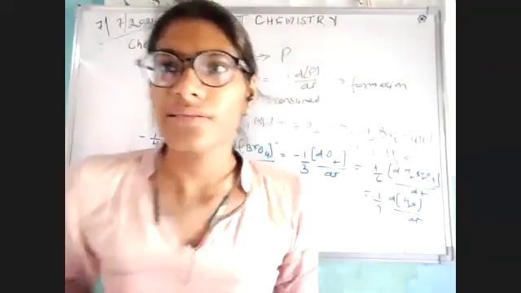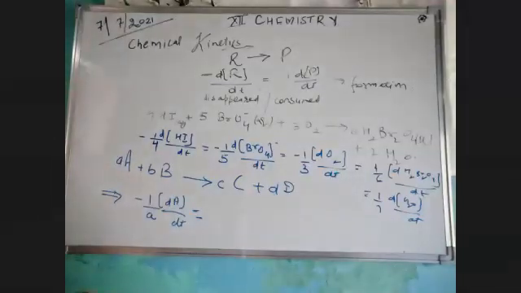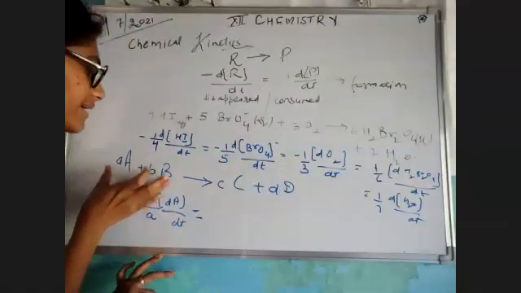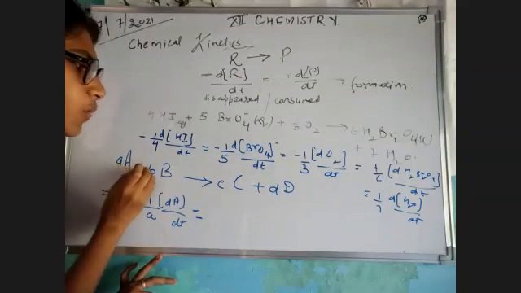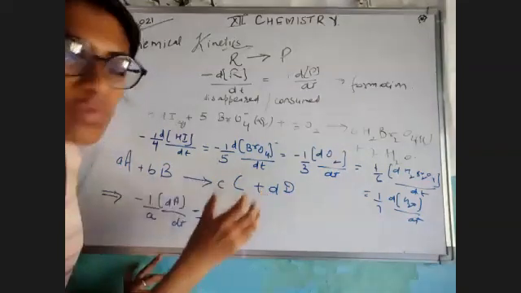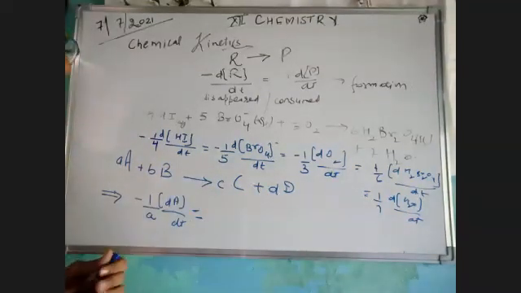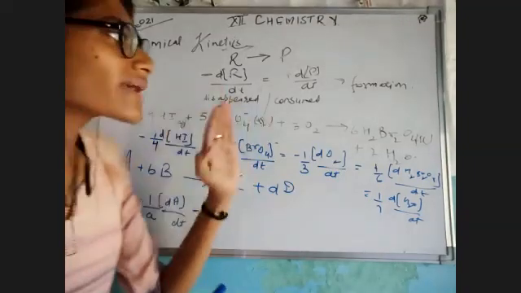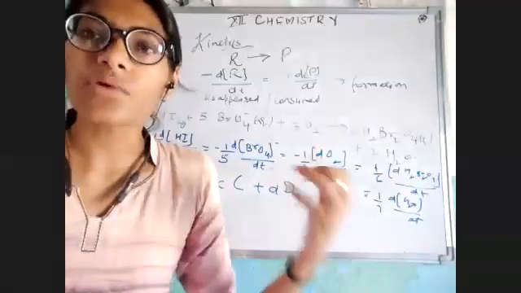All right, sir. So what I was telling you is that my reactants and products contain the stoichiometric coefficients small a, small b, small c, small d, and I have put the equal sign between each because it suggests that as my reactant is getting disappeared, the product is getting formed.